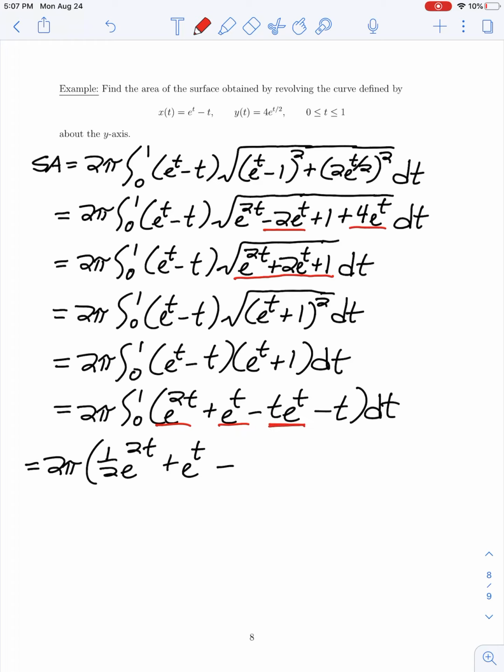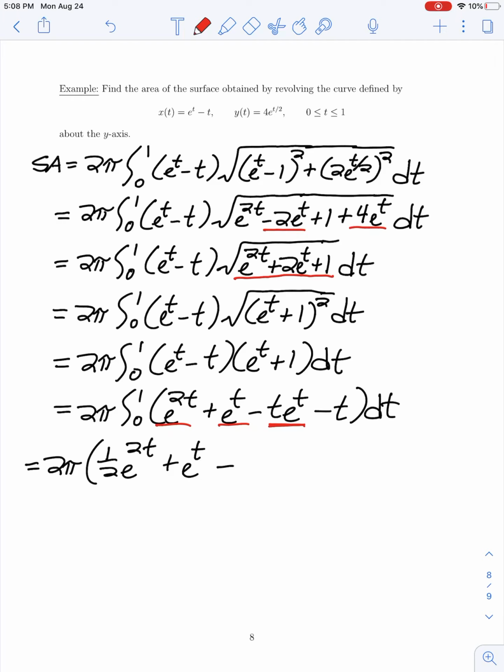We have t times e to the t. So we've got a product of two functions that we're trying to find the antiderivative of, which means we're going to have to use the technique of integration by parts from Calculus 2.